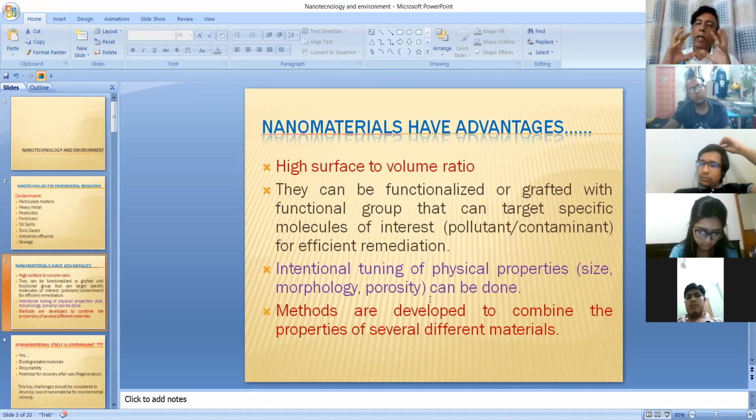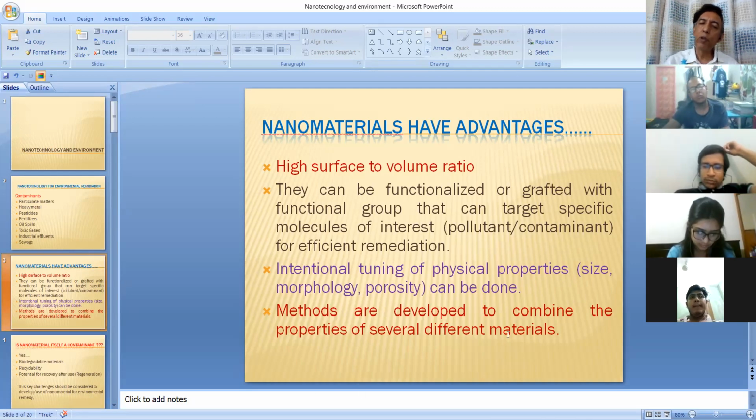We can tune the porosity of a nanomaterial. If we can change the size, the porosity, and the morphology of the nanomaterial, then we can use it in a more target specific way.